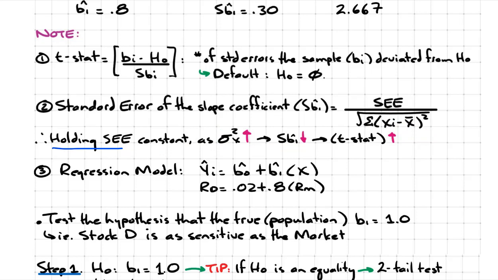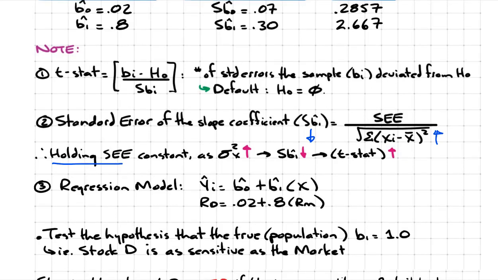So when the variance increases, that's like the denominator getting bigger, and therefore this term gets smaller. But if the standard error gets smaller, look at the connection, ladies and gentlemen. So from this, you get this, but then standard error is over there. So standard error decreases, the T-statistic increases, which means the coefficient is even further away from 0, and therefore even more likely to be considered as significant.